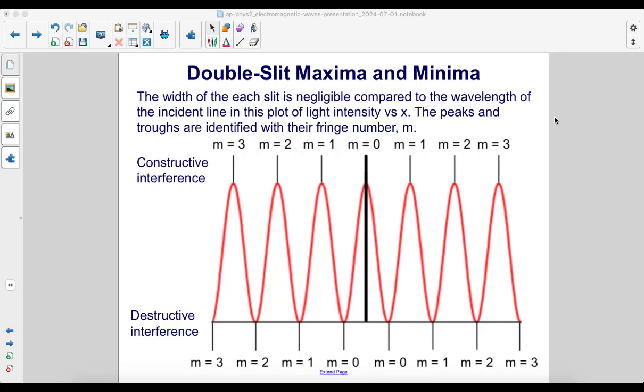In this plot of light intensity versus x, the peaks and troughs are identified with their fringe number m. So here's the center. We have constructive interference creating these peaks, and we have destructive interference causing these dark bands.